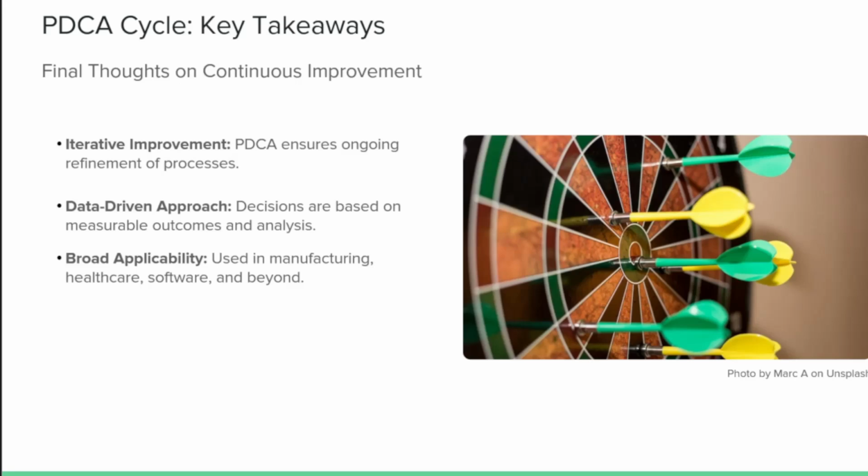This methodology enhances the reliability and effectiveness in achieving business goals. PDCA is widely applicable across fields such as manufacturing, healthcare, and software development. By embracing PDCA, organizations can foster a culture of sustained innovation and operational excellence.